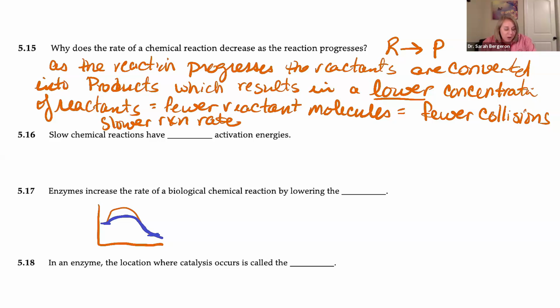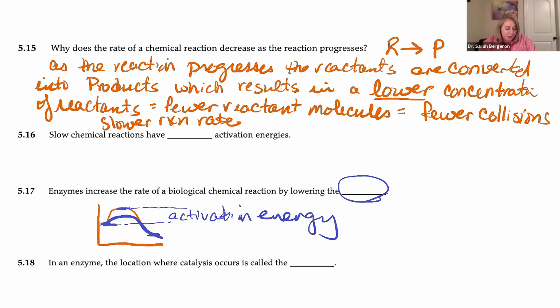So what do we call, if I draw a dotted line from the maximum amount of energy input to that of the reactants, we call this the activation energy. So that's my answer right here: activation energy. So it lowers the activation energy.